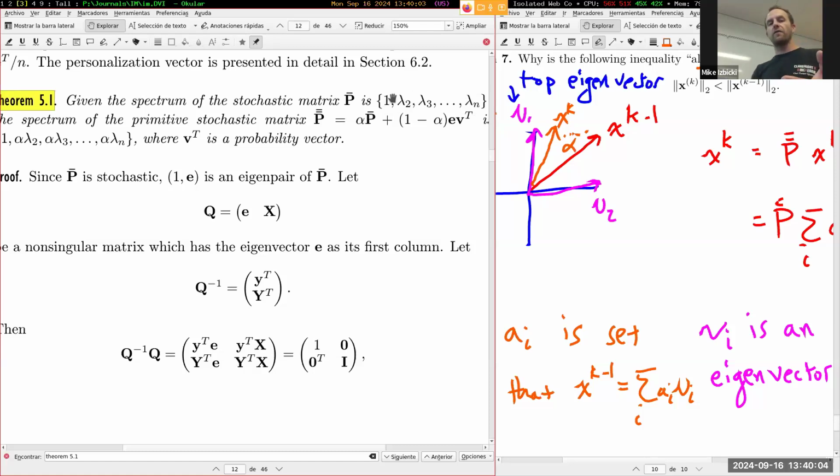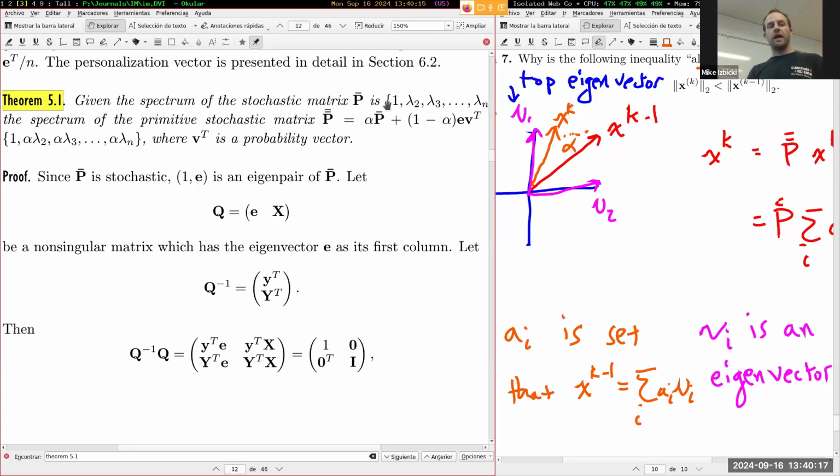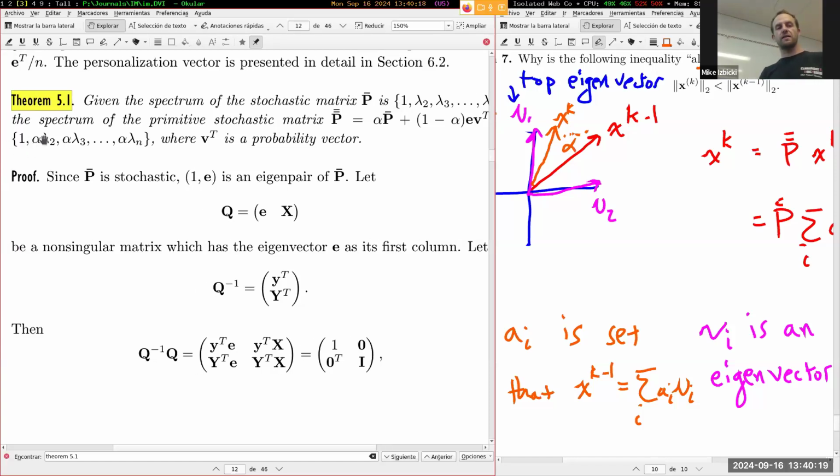All of these other eigenvalues must be strictly less than or equal to 1. The reason we went from P bar to P bar bar is because of how it changes these eigenvalues over here, and it makes the second eigenvalue at least alpha smaller than 1. Alpha, by definition, is strictly less than 1. And so something strictly less than 1 times something else less than or equal to 1 gives you something strictly less than alpha right here.